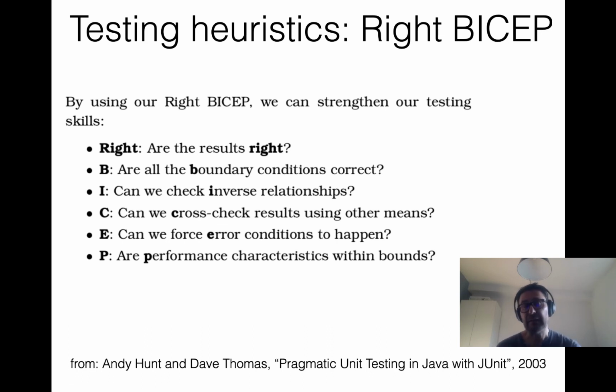The I in bicep means, can we check inverse relationships? So this means, for example, if we have a queue, if we first add one element and then we take out one element, it should be the same element, and the length of the queue after that should be the same as it was before. So this is an inverse relationship.